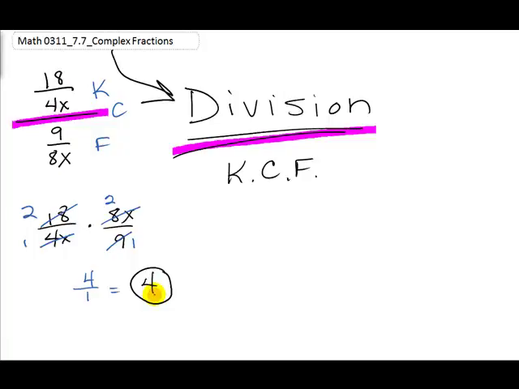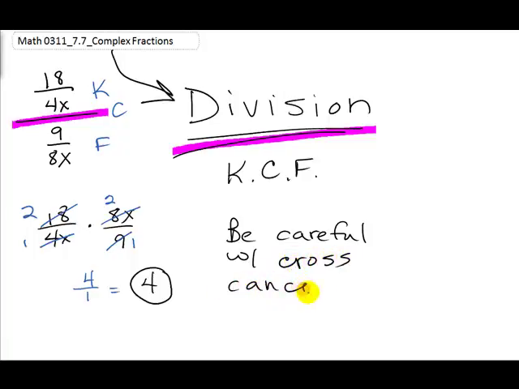One thing I want to mention here, when you are doing the cross canceling, you have to be careful. There's a common mistake that's made.